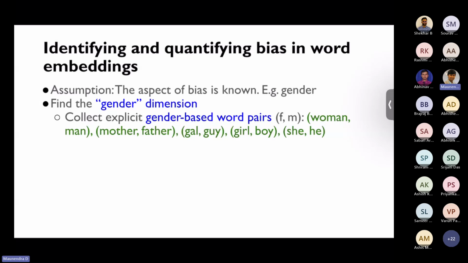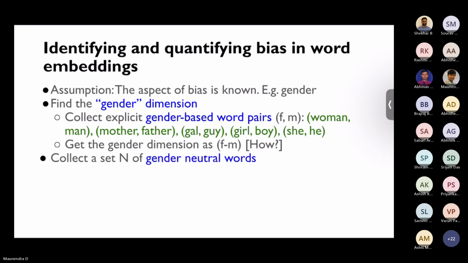This is very easy to get, right? Maybe 10, 20, such a list we can curate. 100 may be difficult, but 10, 20 should be easy to obtain. Now, from this, we try to find the gender dimension. What is that gender dimension, and how do we get that?